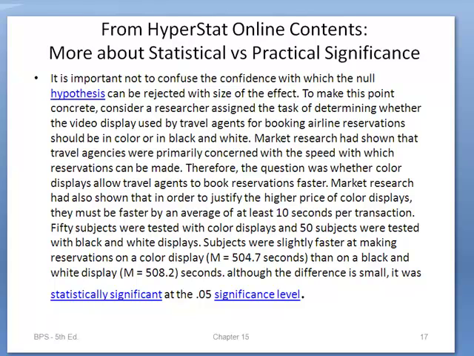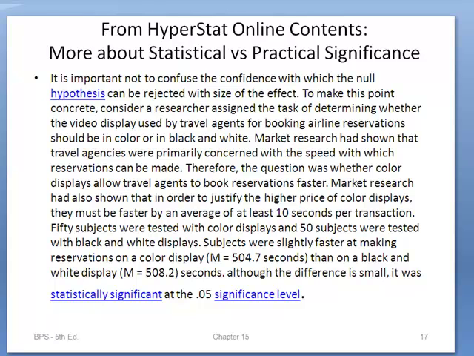Now, color monitors, remember, are more expensive than black and white. So if we prove statistical significance, we might have to plunk down a lot of money to get colored monitors. So we have to make sure that although it's statistically significant, is it practically significant? And that's what this particular example will show us.